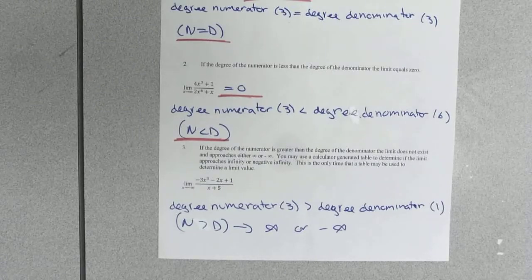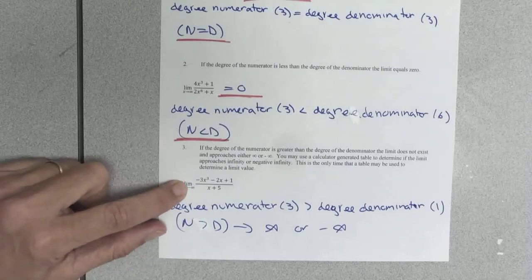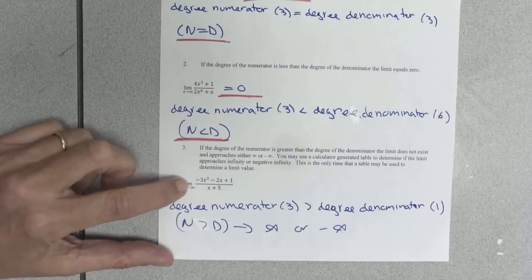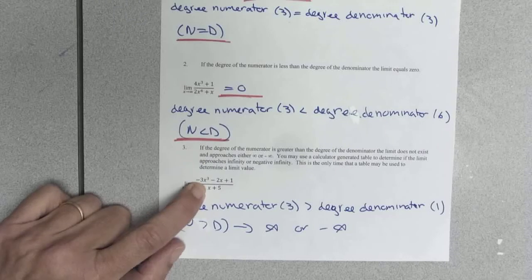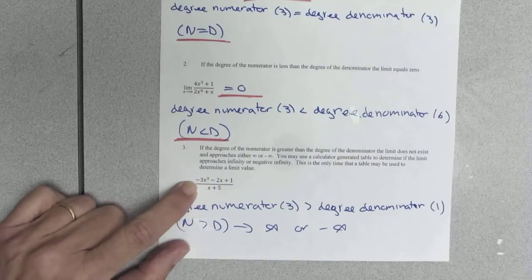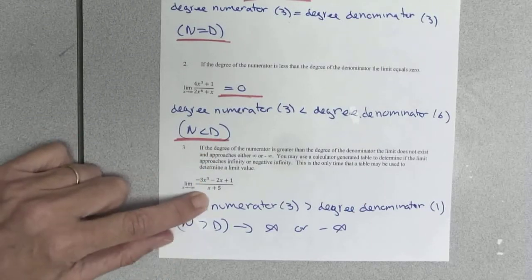You can make a table if you want and see what's happening as we go to negative infinity. Or you can try to reason it out: as we go to negative infinity, x cubed would still be negative, times negative 3 would be positive, so the numerator would be positive or negative accordingly.